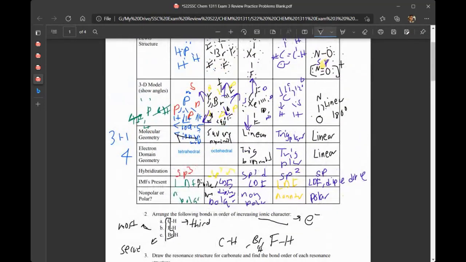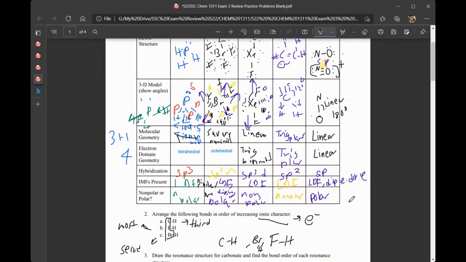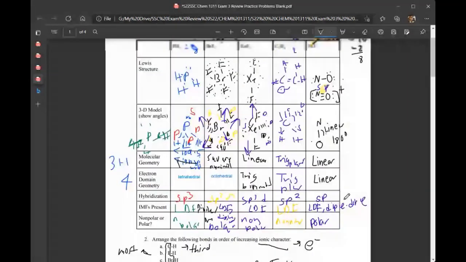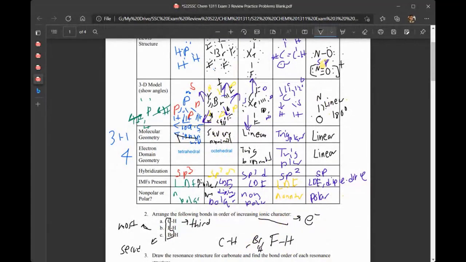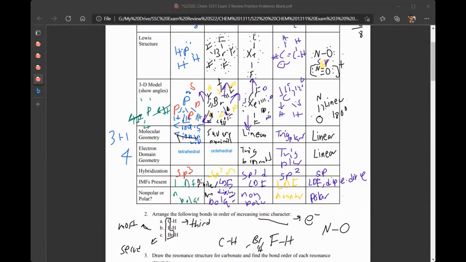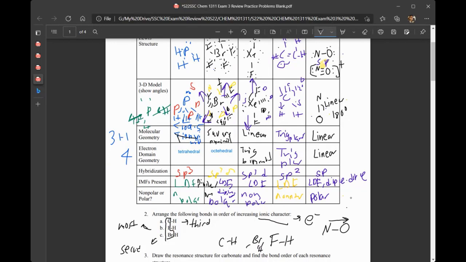Jeffrey, there was a question about the NO molecule, about why that was polar. Oh, sure, that's a good question. If you look at the periodic table trends, notice how O is more electronegative than N. So there's a dipole going this way, toward the more electronegative atom, and nothing is canceling out that charge.